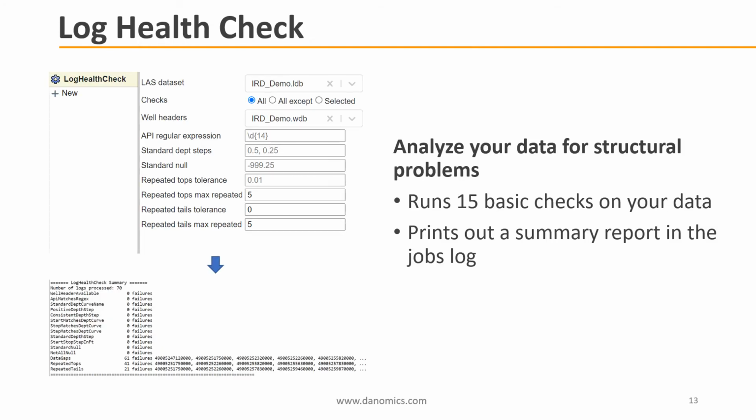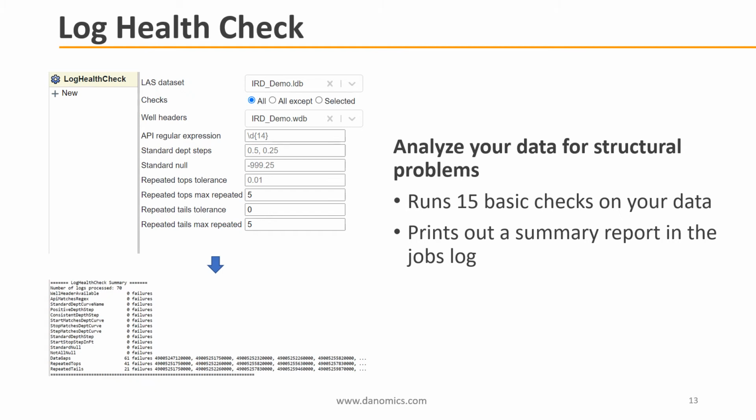So starting off, the log health check tool, this is something that you should probably run on all of your data sets before you start your interpretation. This tool basically analyzes our data for structural problems. It runs 15 basic checks on our data, and then it prints out a summary job report that's visible in the jobs log.